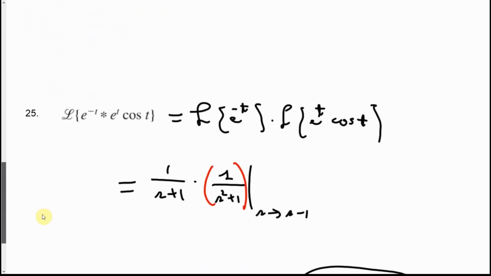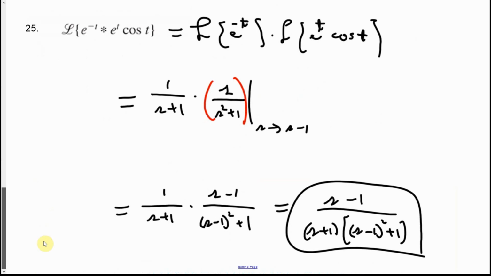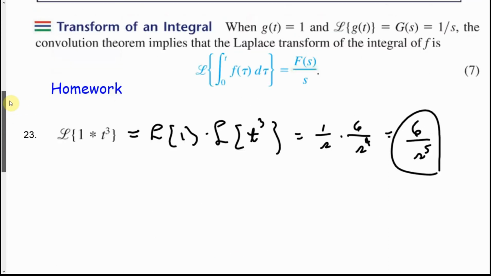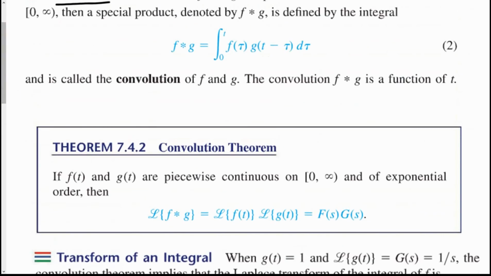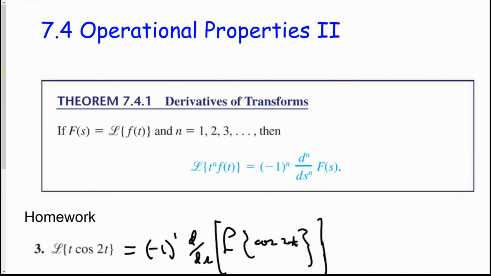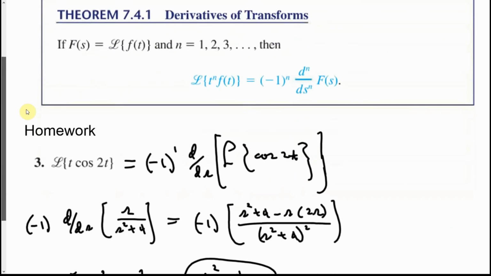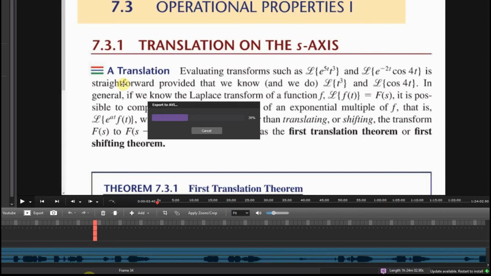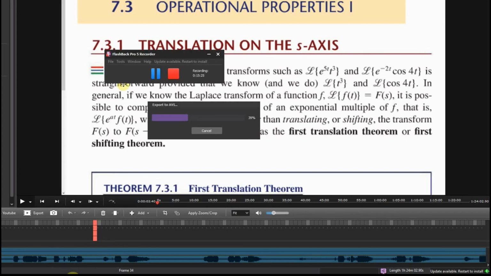That's number 25. Okay, that's good. Number 23. Yeah. And then we did the first one, and that was the derivative of the transform. Okay. Well, that's about it. Thank you.